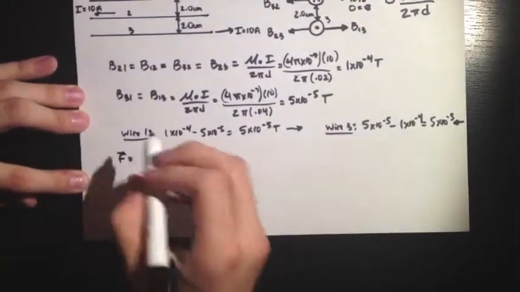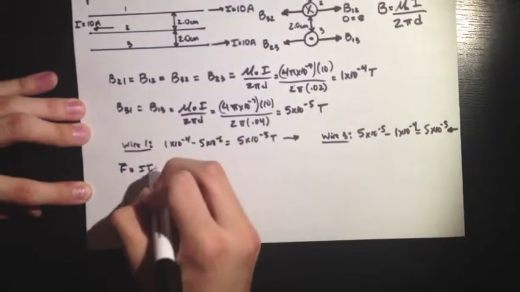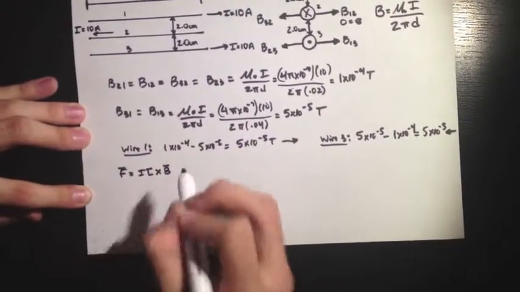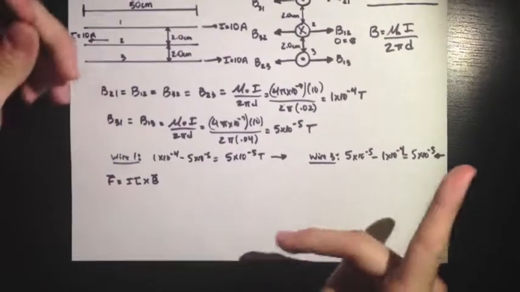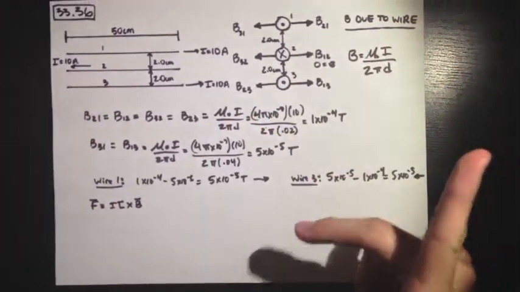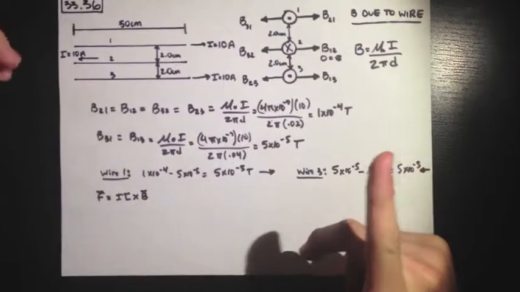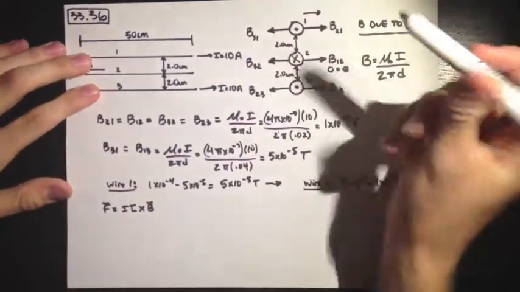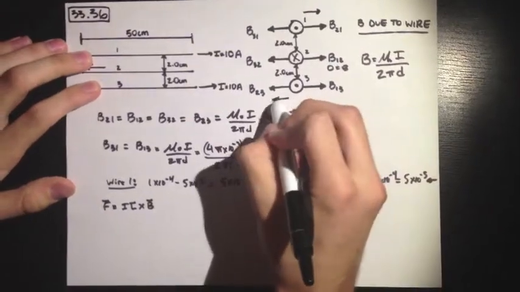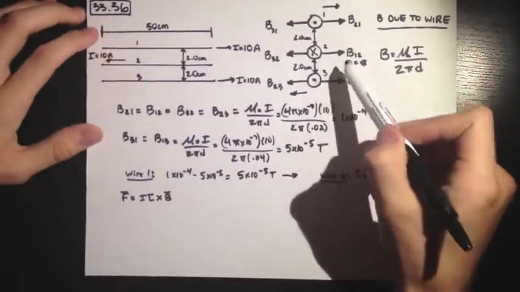So force is equal to IL cross B. With this, it's always really helpful to use the right-hand rule again. To find the force, we know that B net up here is to the right, and we know B net down here is to the left, and of course B net here is 0.